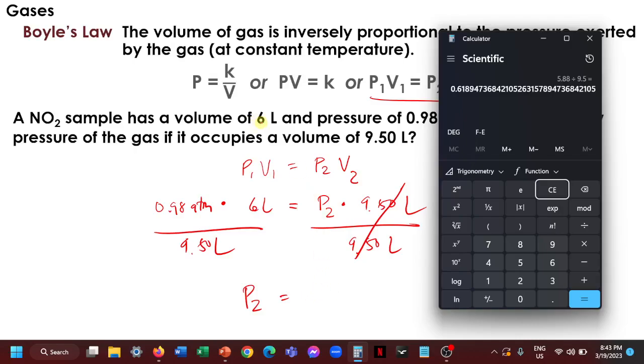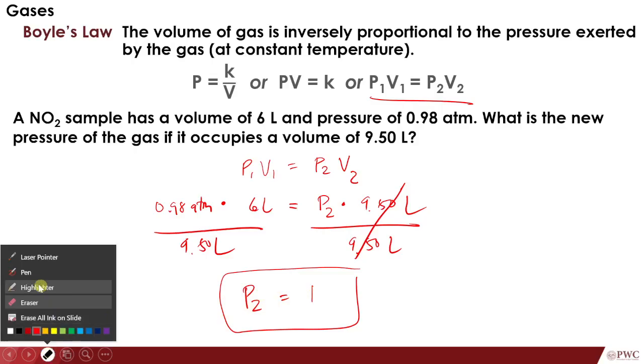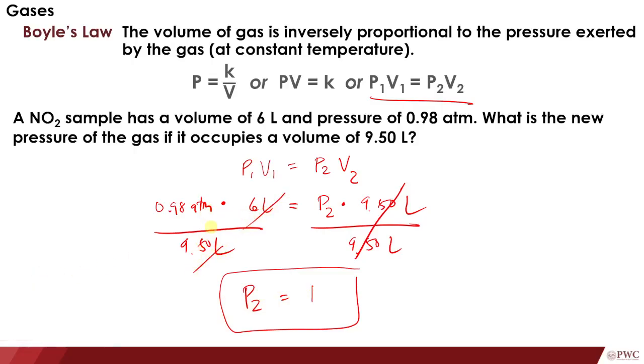Now here we have 1 sig fig, so we can round this one to 1. No, sorry, this is not 1 liter. This is pressure. And if you look here, we can also cancel this one. What's left here is the atmosphere. Okay, that's the unit for the pressure.